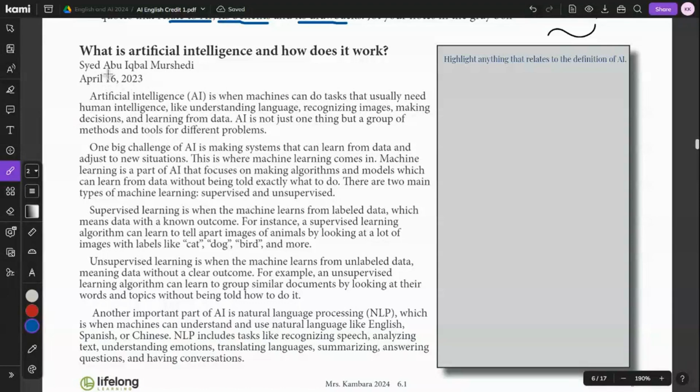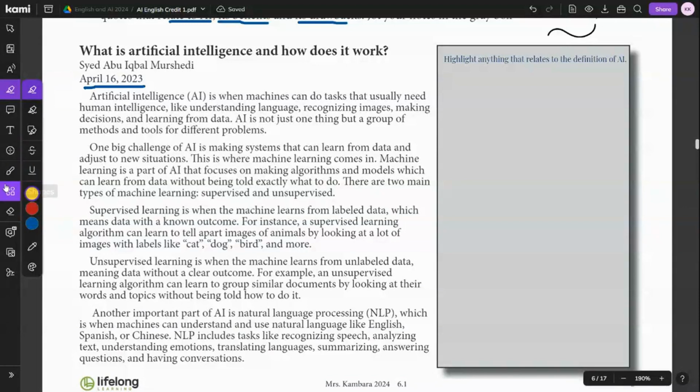This is by Syed Abu Iqbal Murshidi, created on April 16th of 2023. So this is important as well because AI has really started growing a lot. And every year that we get away from the time the article was originally written, there'll be more information and this will be outdated. So let's take a look at it.